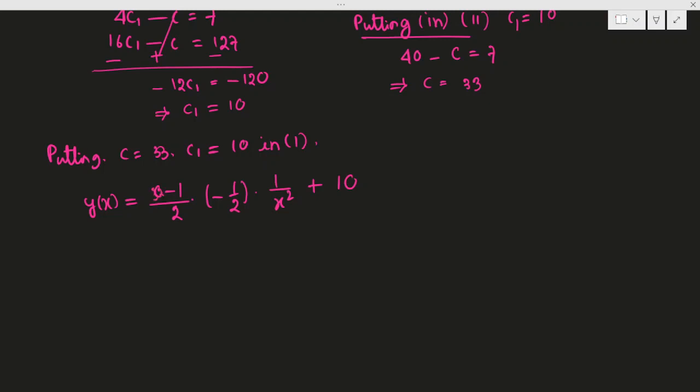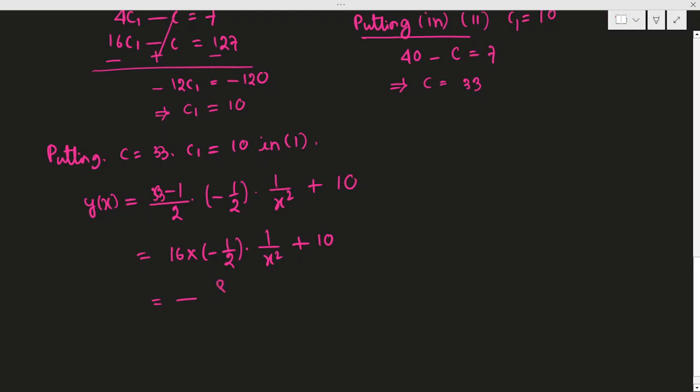Sorry, here it will be 33. So finally we get 16 into minus half into 1 by x square plus 10, that is minus 8 by x square plus 10. So here we find y(x).